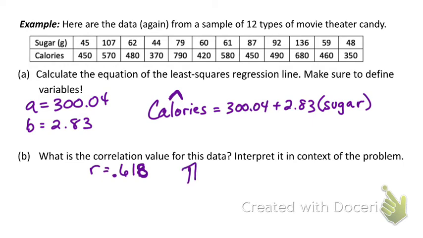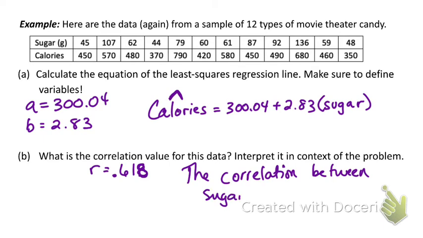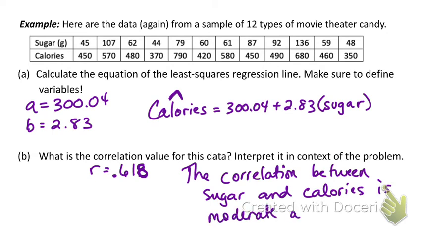All right, so the correlation between sugar and calories is moderate and positive.